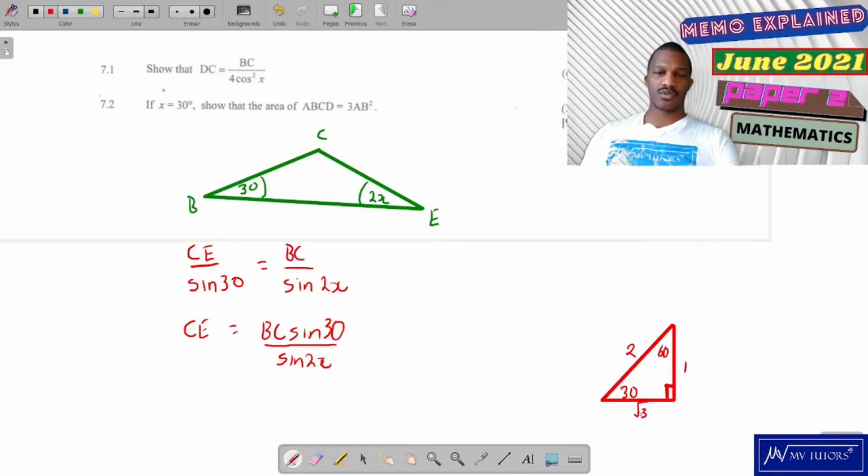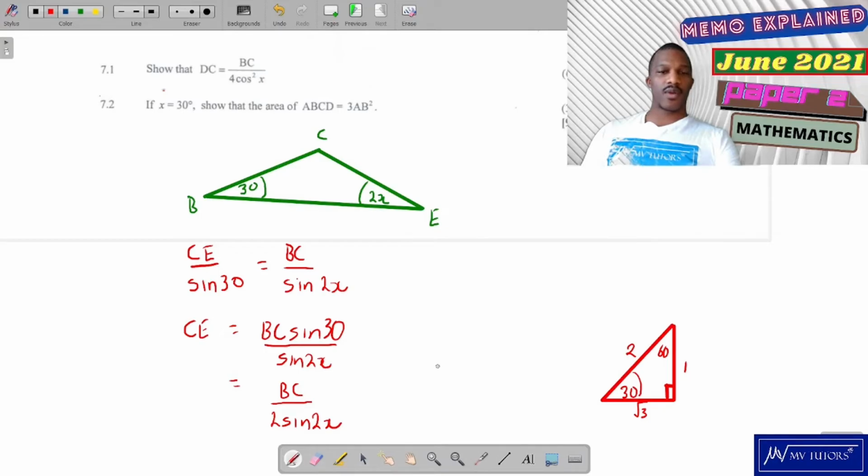So when we look at sine 30, sine is opposite over hypotenuse, so the opposite of 30 is 1, and the hypotenuse is 2. So instead of sine 30, we'll replace it with 1 over 2. That becomes BC, and the 2 comes to the bottom, and then we have sine 2x there.